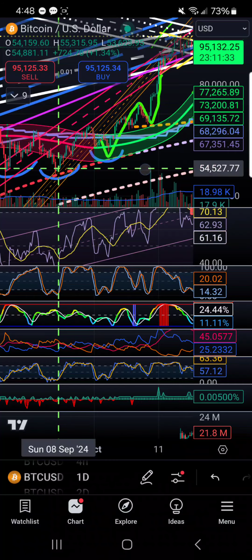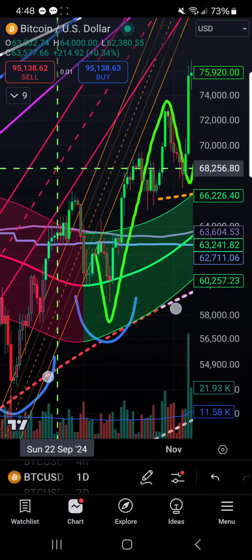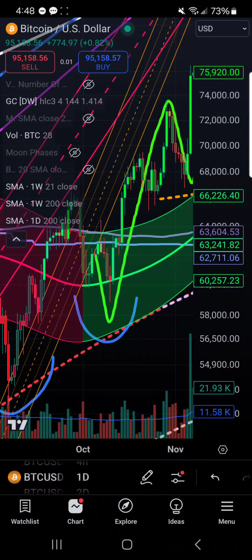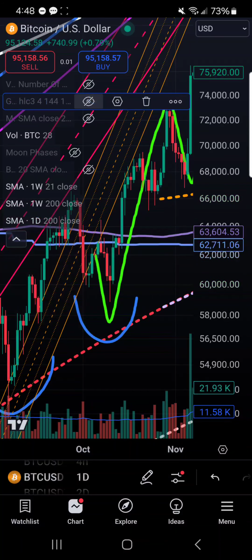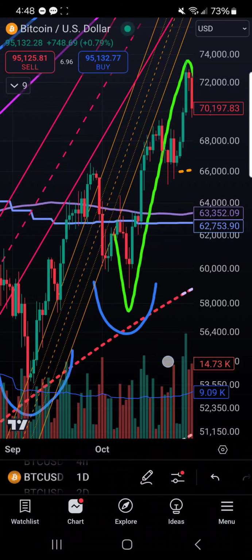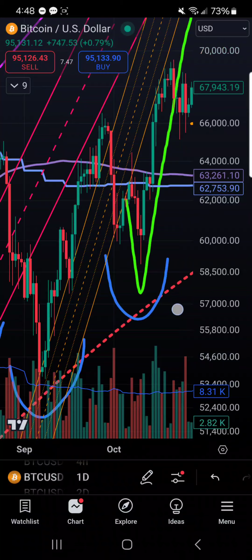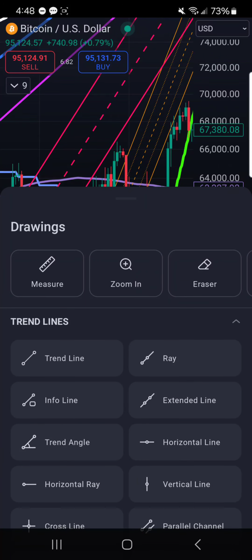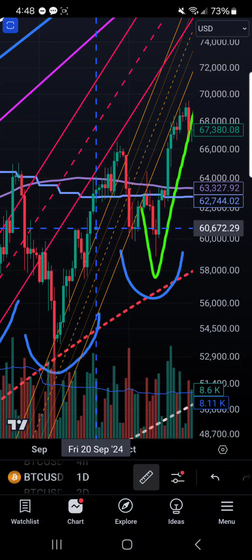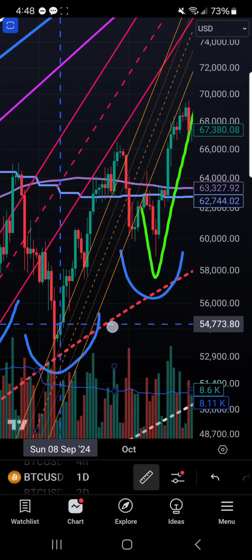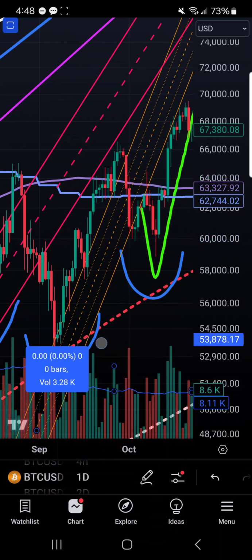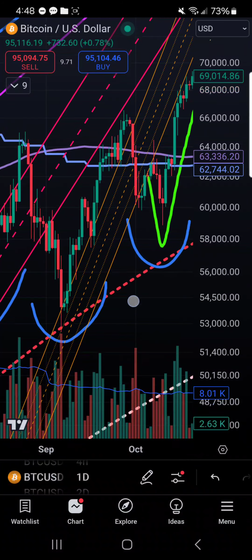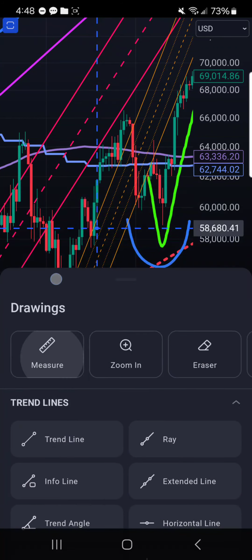Let's zoom in and look at these. We don't need this on now. So we're talking about these rallies from September, it was September 9th or so, yeah. Oops, I double clicked.